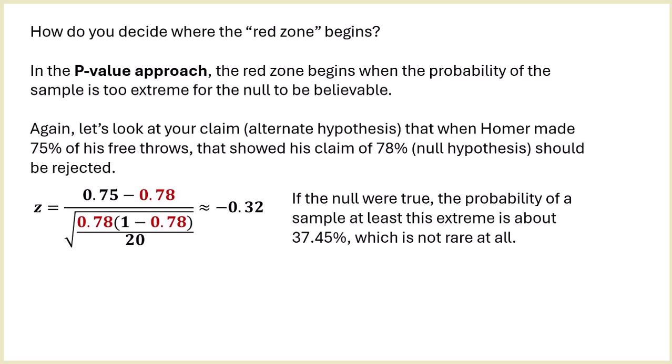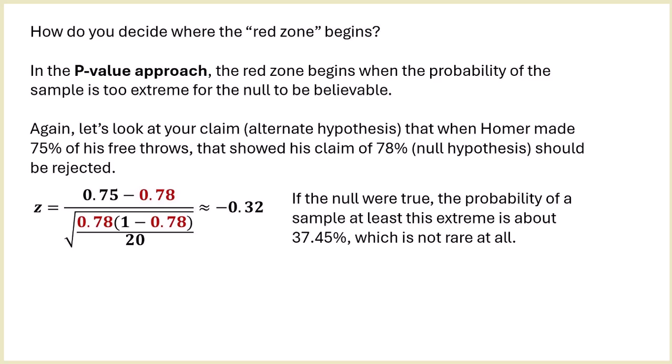Now, on the classical approach, I just worried about the z-score. In this one, I'm converting the z-score to a probability using the table. In other words, almost 37.5% of the area lies to the left of that z-score. What does that mean?